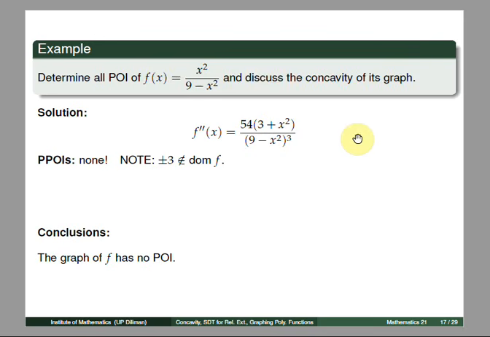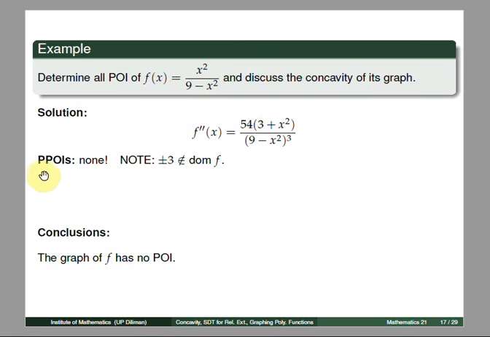Okay? Why? Because you may say that it's undefined at plus or minus 3, but plus or minus 3 is not in the domain of f. Recall that to be a point of inflection, f must first be continuous at that point.